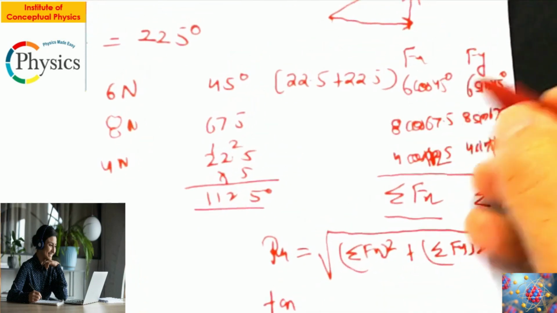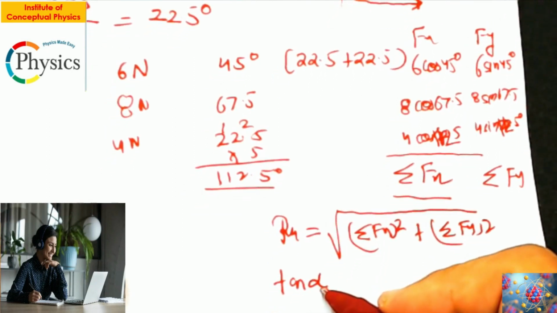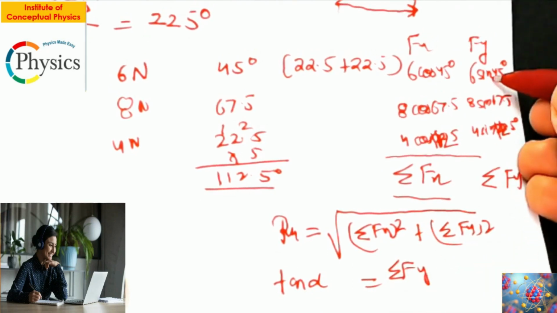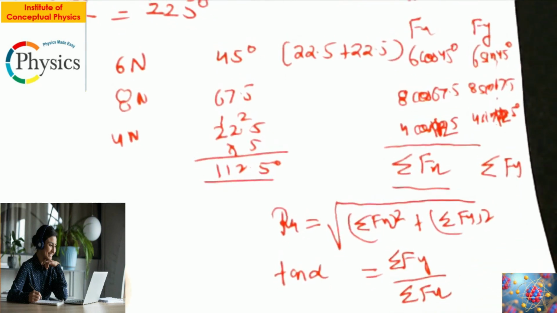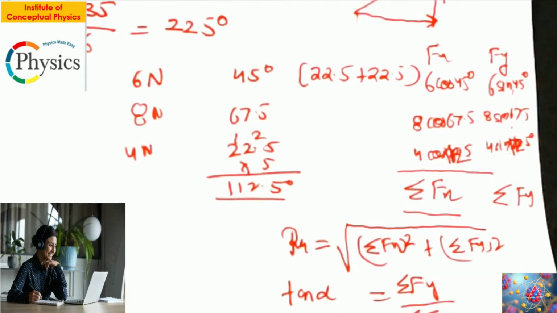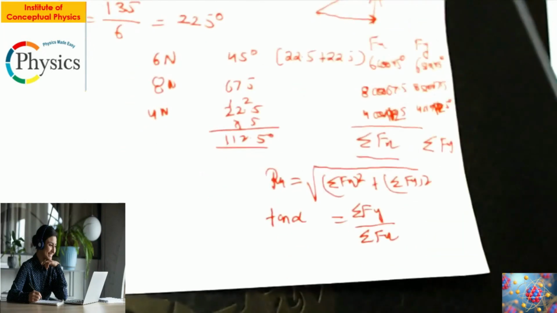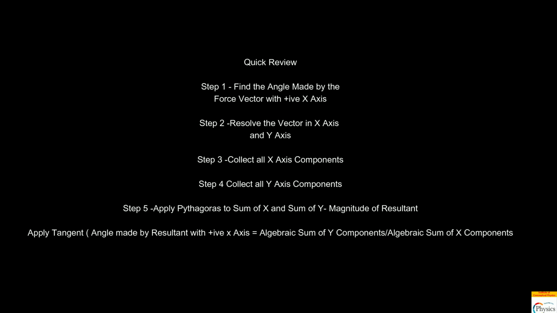If you have to find the angle which the resultant makes with the x-axis, you write the magnitude of the summation of fy divided by the magnitude of the summation of fx. This will give you the tan of the angle made by the resultant with the x-axis. Now the concept of resolution and of finding the angle of the resultant is clear to you.